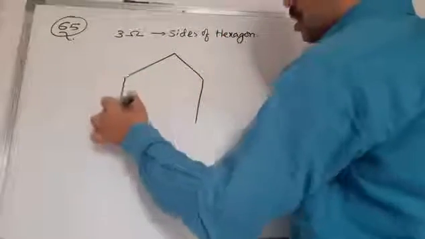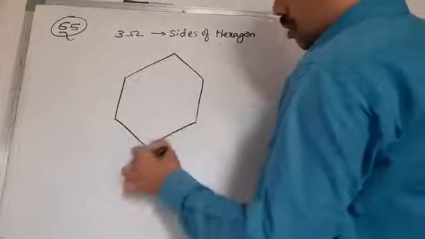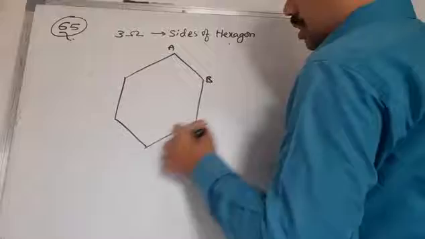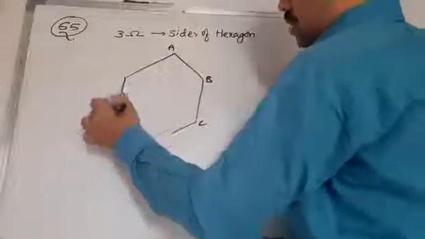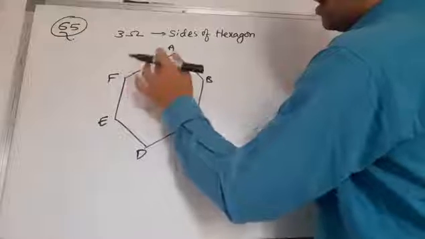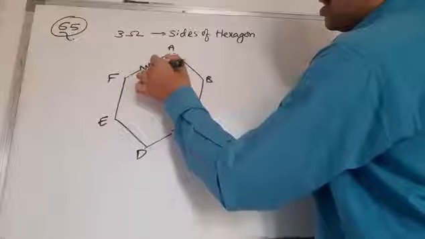This is a hexagon, and A, B, C, D are the vertices of the hexagon, and on all the sides of the hexagon there is a 3 ohm resistance.